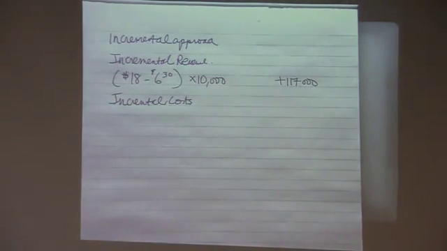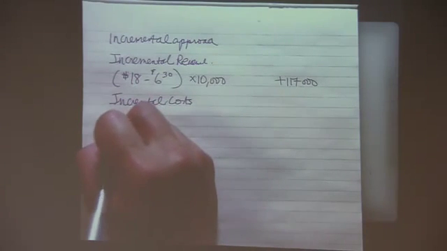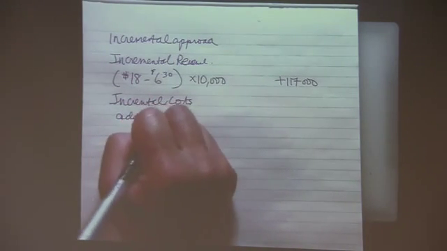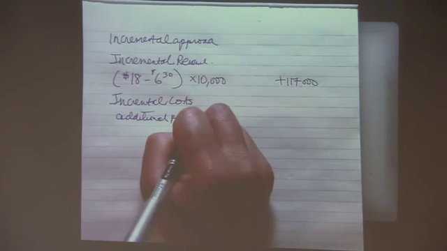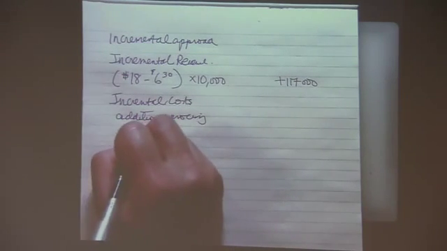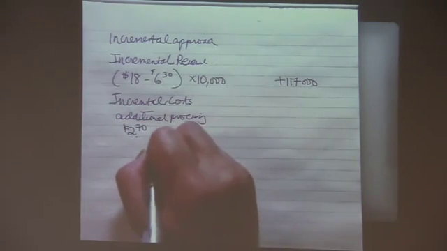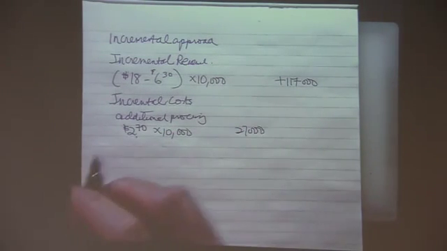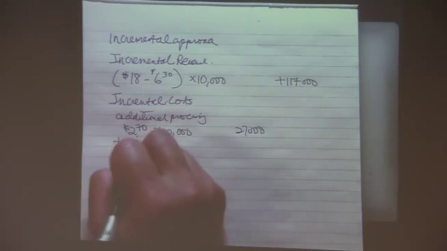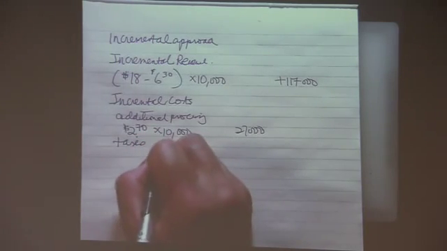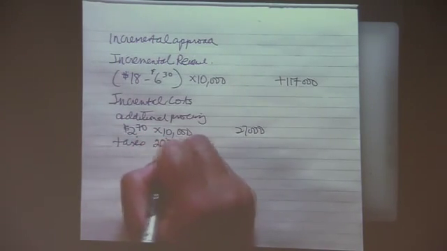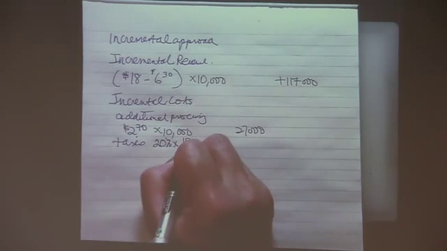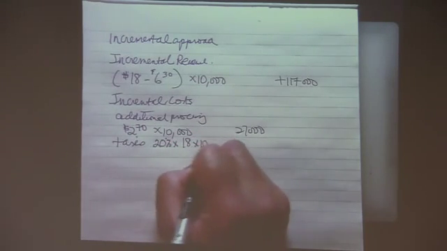What are my incremental costs? Well, the incremental cost is just the additional processing of $2.70 plus the excise tax, right? Which is 20% times $18 times 10,000 units.